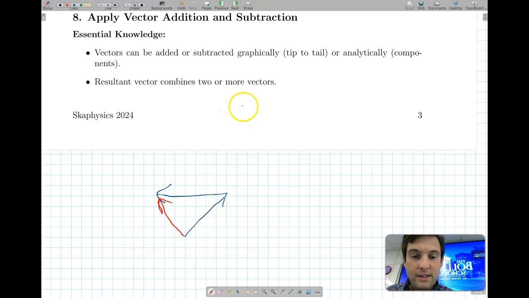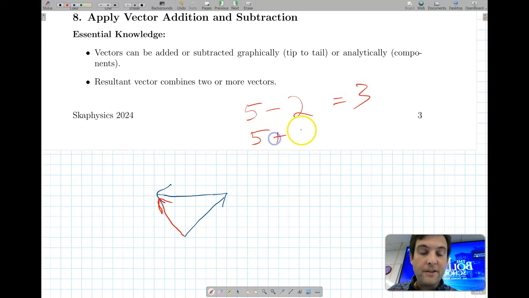If I were subtracting, let's use numbers because those are comfortable. 5 minus 2 equals 3. That is the same thing as 5 plus a negative 2 equals still 3. So what we do when we subtract is we add the opposite. We're going to do the same thing.